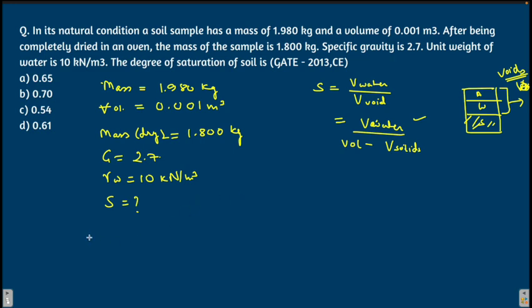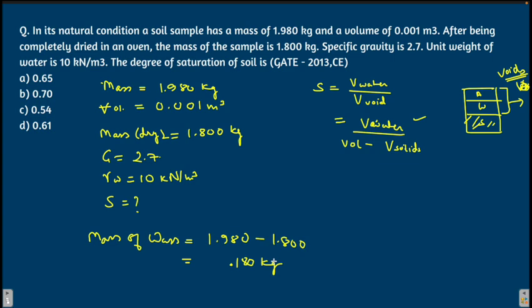Mass of water can be found out by 1.980 minus 1.800. So it will come out to be 0.180 kg. This is the mass of water present in the soil.